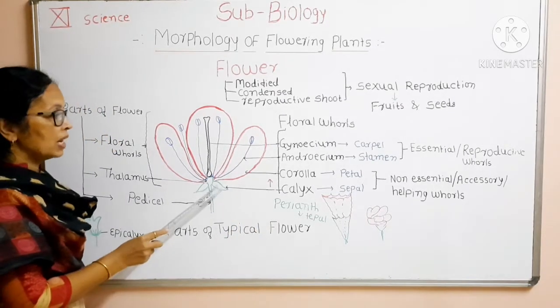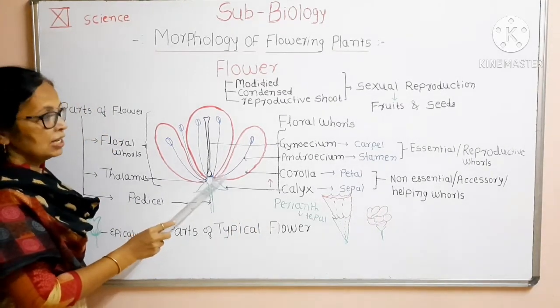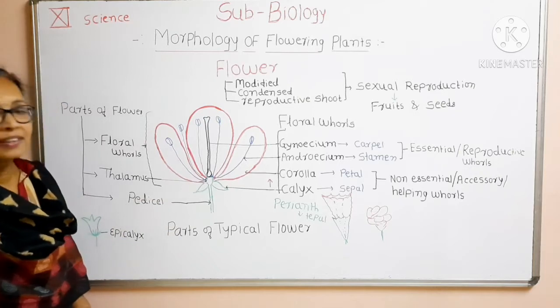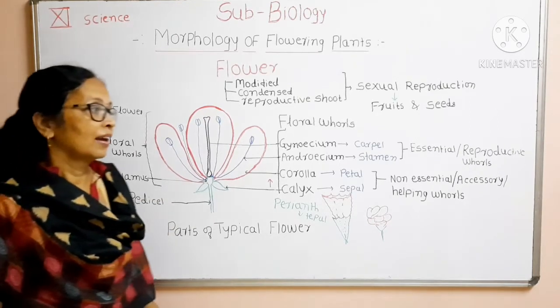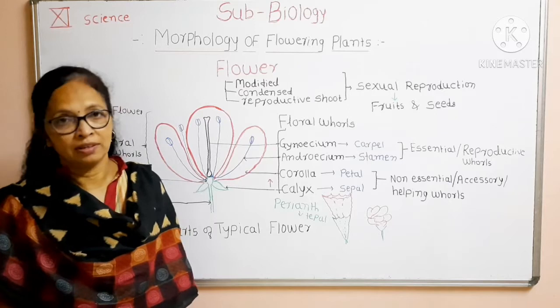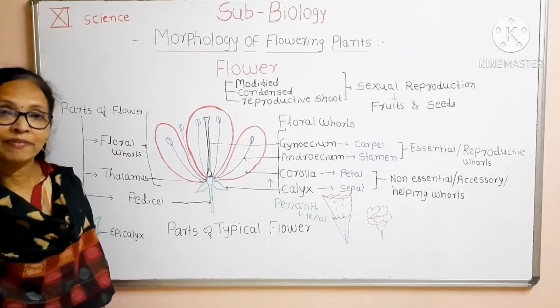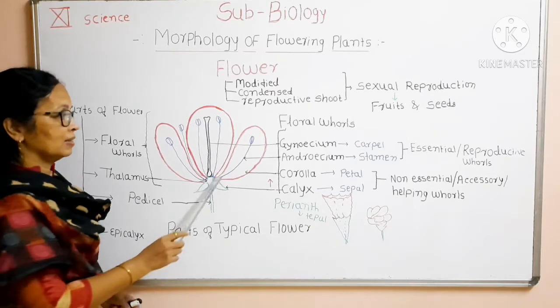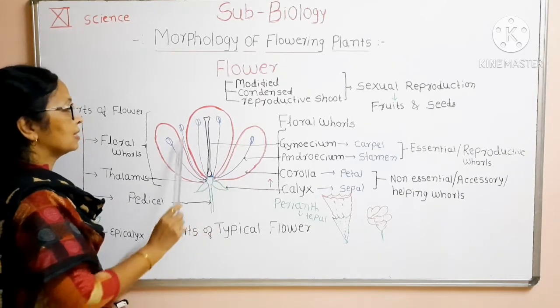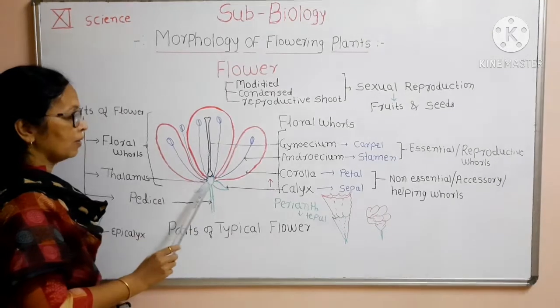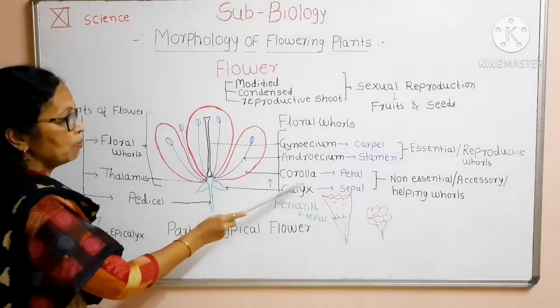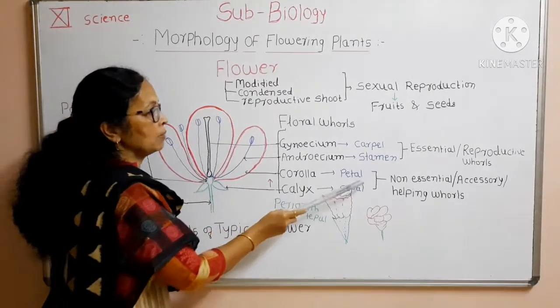Corolla is present inner to the calyx. It is the second whorl of the flower. It is delicate, brightly colored, fragrant, scented. An individual member of the corolla is called a petal.